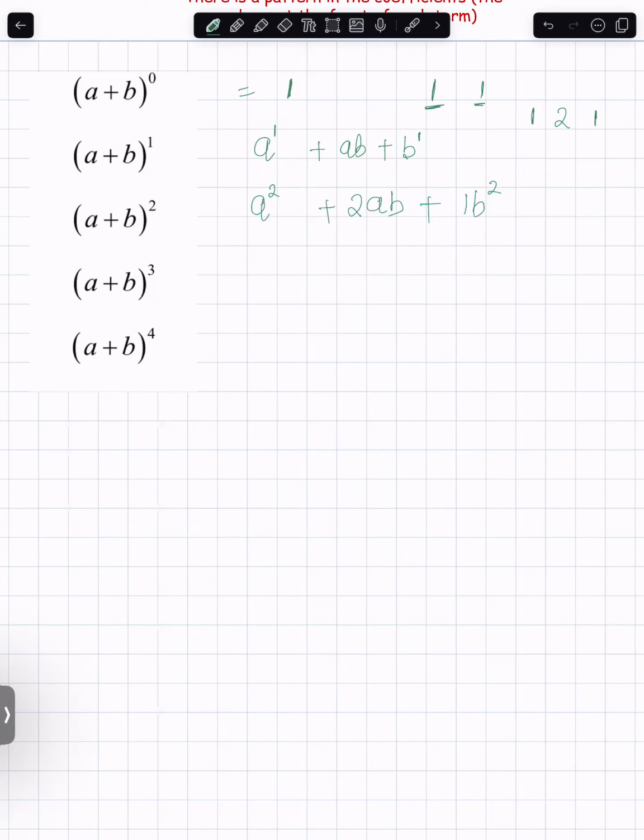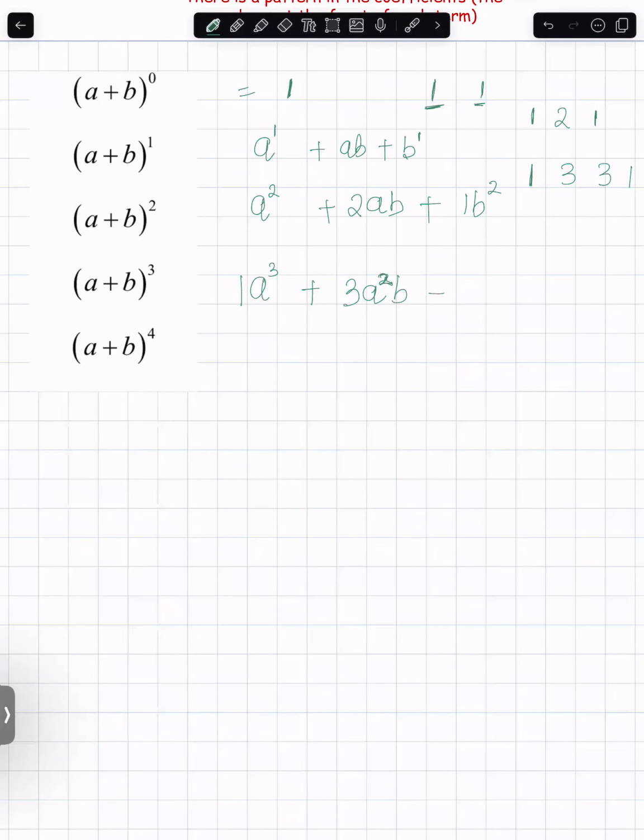Then the third is giving us a plus b cubed. So your first term will be a cubed. And for 3, we have 1, 3, 3, 1, using your Pascal triangle. So the first is 1a cubed plus 3a squared b. Take note your a is decreasing as you keep moving.